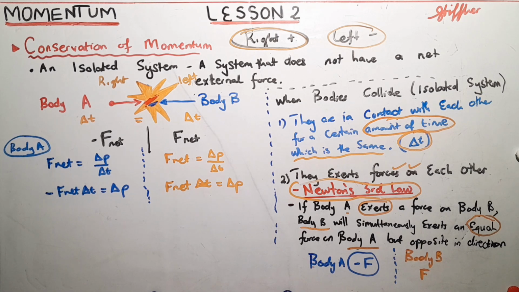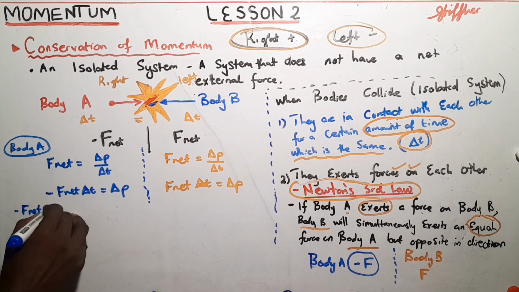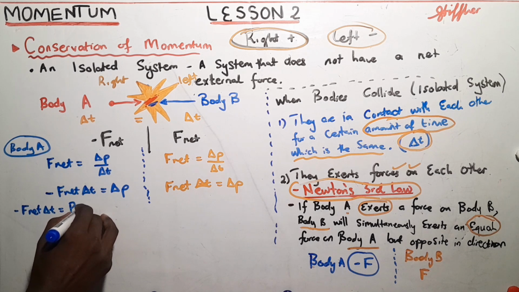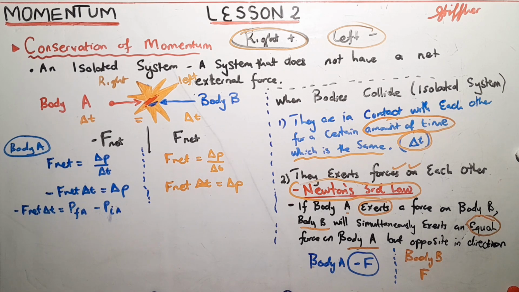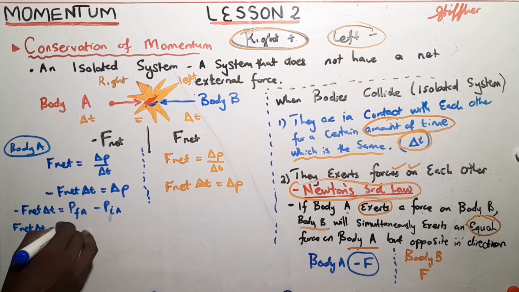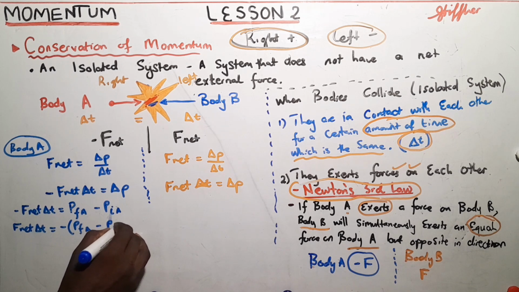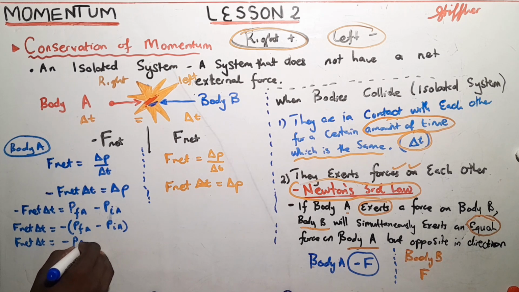So now on body A, this negative F net multiplied by time will be equal to the change in momentum, so this is momentum final of body A minus momentum initial of body A. If we divide by a negative, it will mean that our F net times change in time will be equivalent to negative momentum final of A plus momentum initial of A, since a negative with a negative becomes positive.